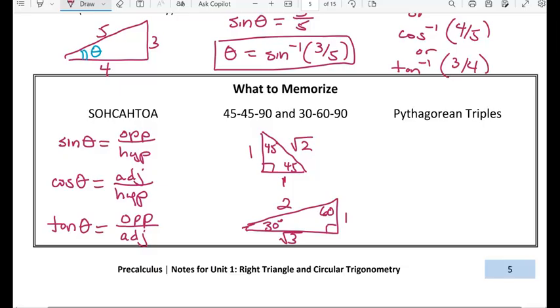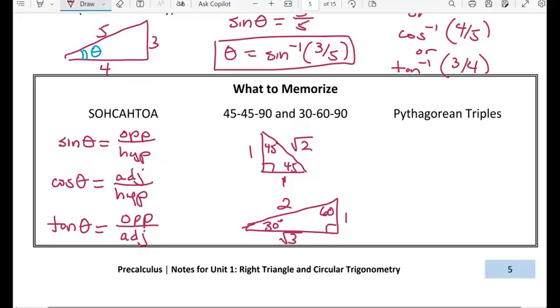Suggestion: you may want to learn how to derive these and rehearse those derivations a couple of times, because it will cement much better if you learn those derivations rather than just trying to memorize.